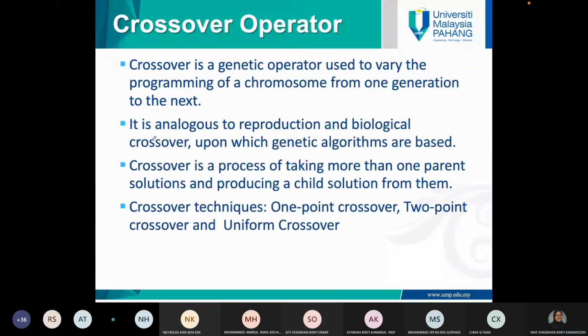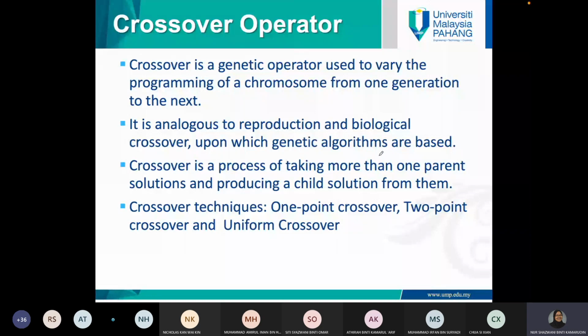Don't worry. Crossover is a genetic operator used to vary the programming of a chromosome from one generation to the next. It is analogous to reproduction and biological crossover, upon which genetic algorithms are based.